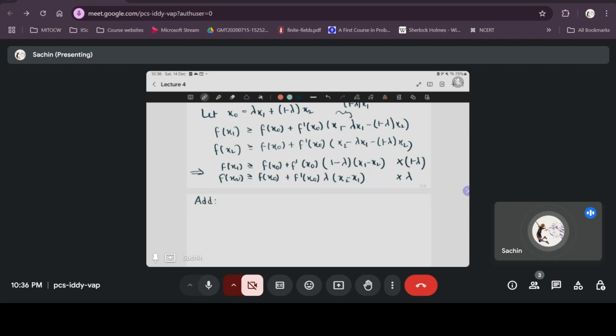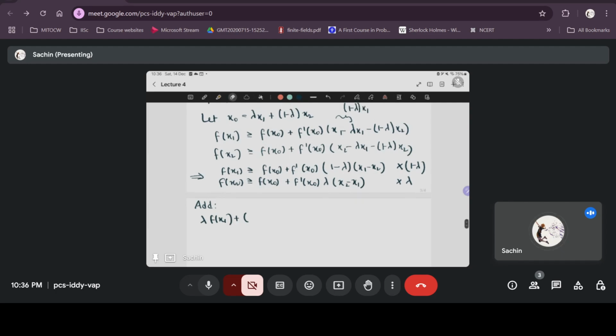So you will be left with, sorry, you multiply the first equation by lambda and the second by 1 minus lambda. So you'll get lambda times f of x1 plus 1 minus lambda times f of x2 is greater than or equal to lambda times f of x0 plus 1 minus lambda times f of x0, which will, the lambda term will cancel out.